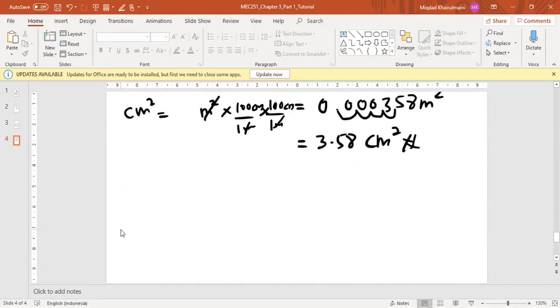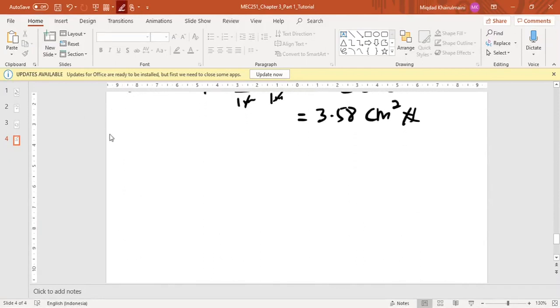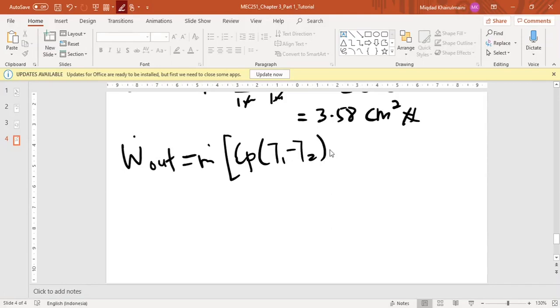And then for the work output: m dot multiplied by Cp, T1 minus T2, plus V1 square minus V2 square over 2000.